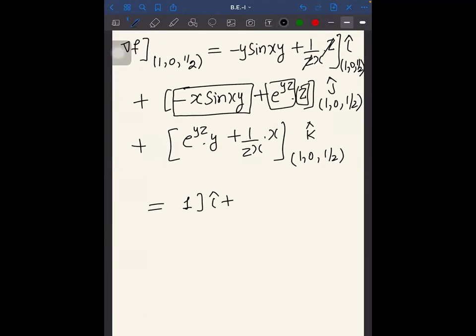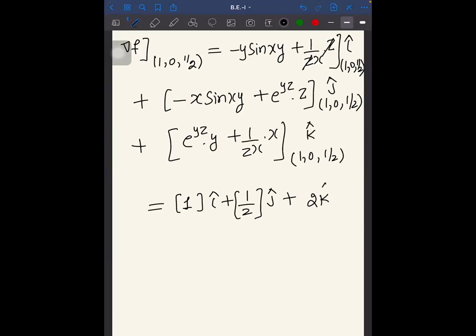So this is half. Plus 2k. So we are left with i plus half j plus 2k.